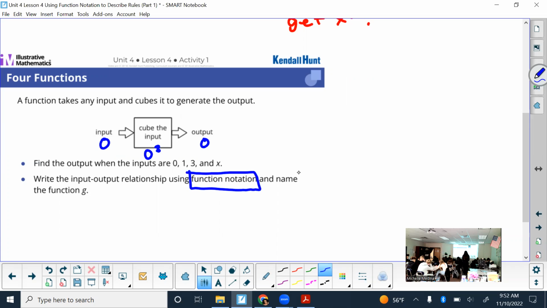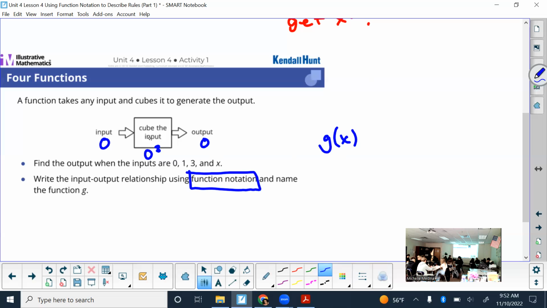So what does function notation look like? All right, good. So instead of f of x, they want you to name it g, so g of x. X is usually your what? Input.